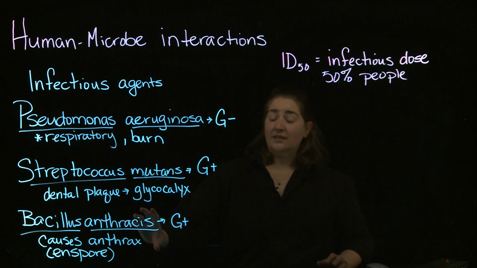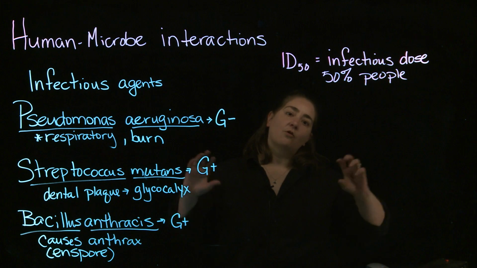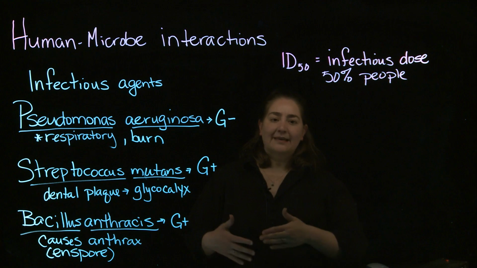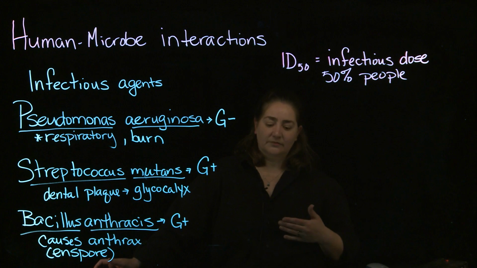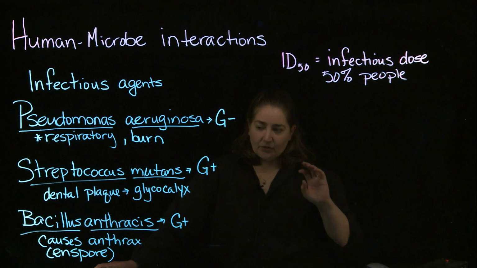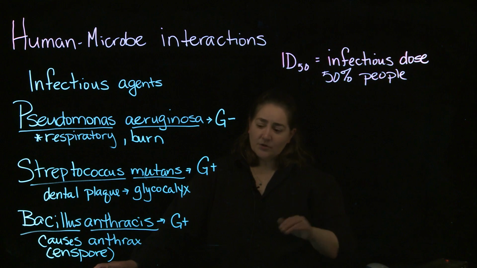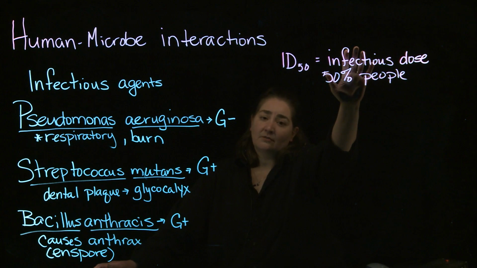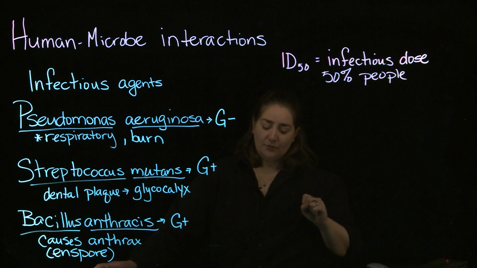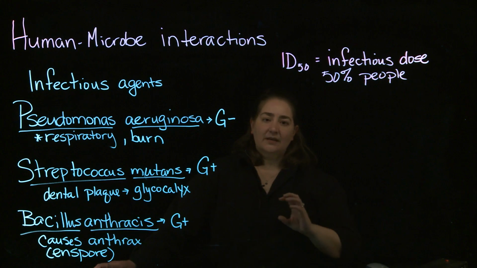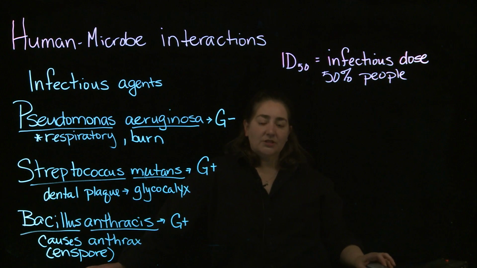So something new that comes in, you've got to have a whole lot of it in order to knock down or get by your normal flora. So keep in mind the route or the portal of entry can make a difference in how many of the bacteria you need to be exposed to before you get sick. So keep that in mind. If you have any questions, please let me know.